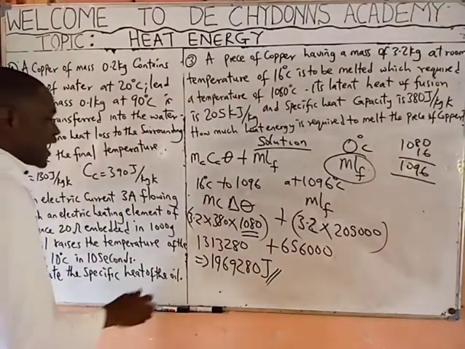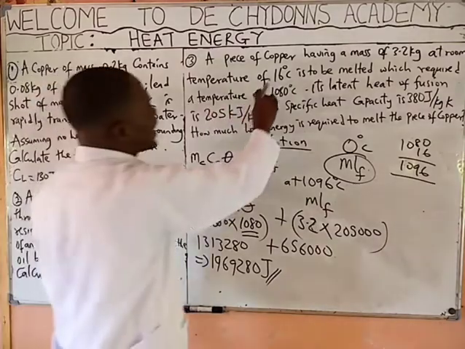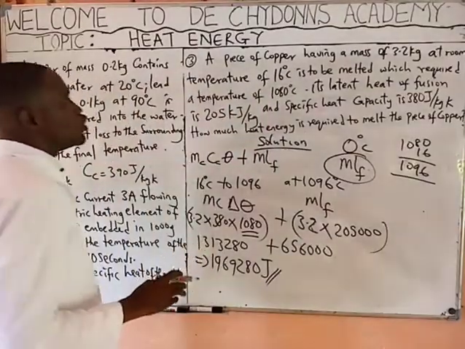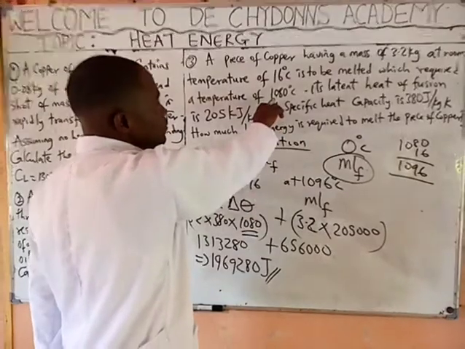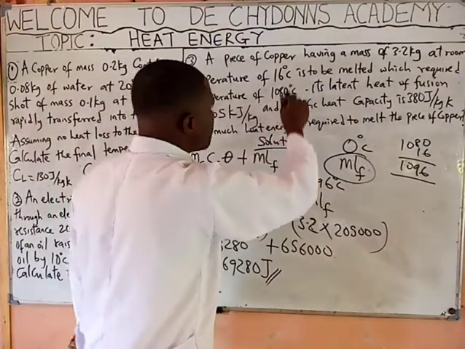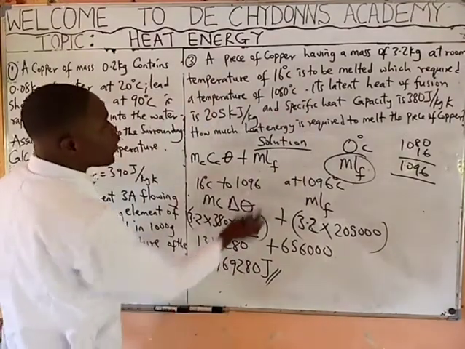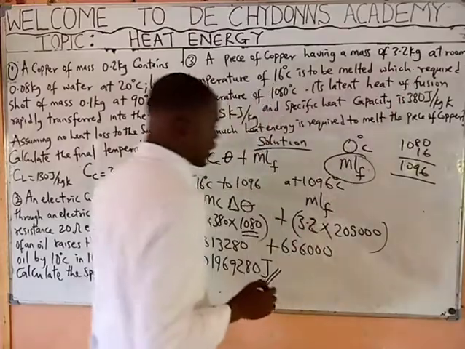So this means that this is the total heat required for you to melt copper that is at 16 degrees Celsius, after requiring a temperature change of 1080. So this is the total heat required for you to melt this copper that is 3.2 kilograms.